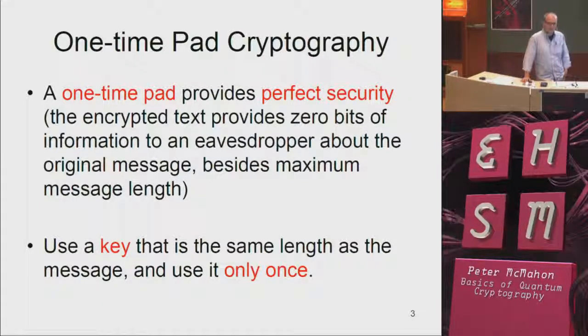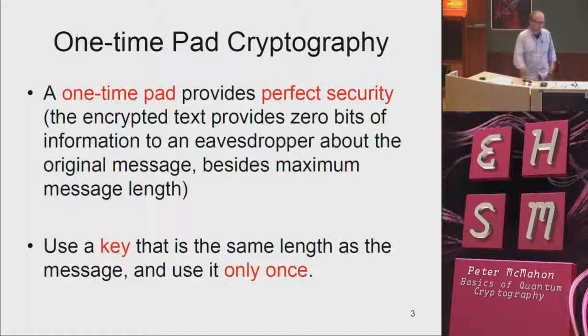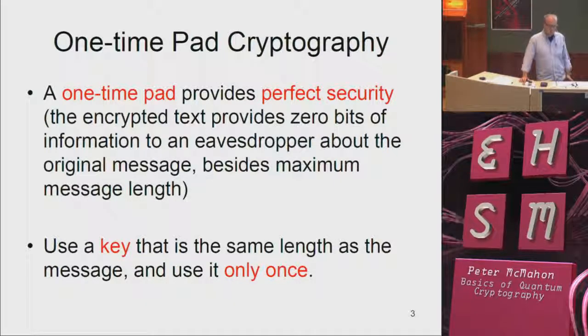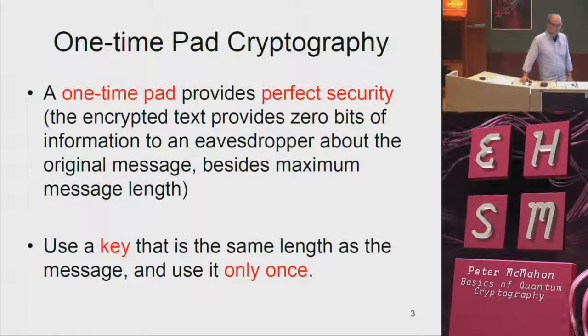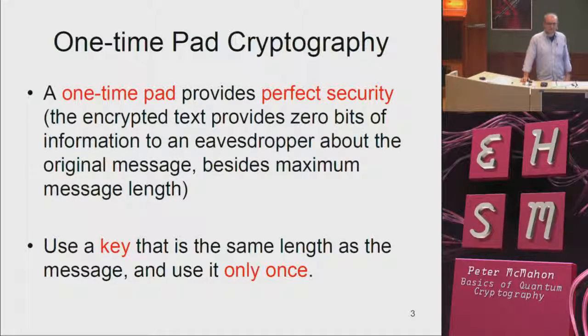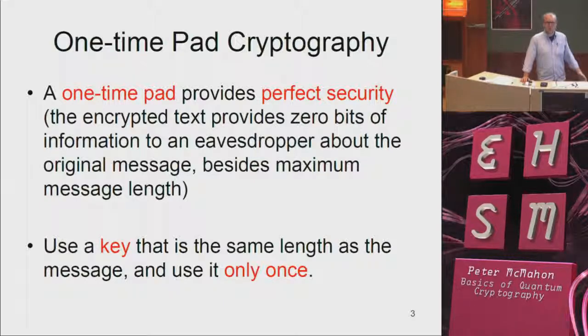What this means is that if you take your encrypted text, if you've encrypted it with a key in a way that I will describe, and you only use that key once, then in some sense you get perfect security, in that the encrypted message provides 0 bits of information about what is contained in that message. Basically the only information that an eavesdropper would get if they intercepted the message was some limit on how long the message could possibly be.